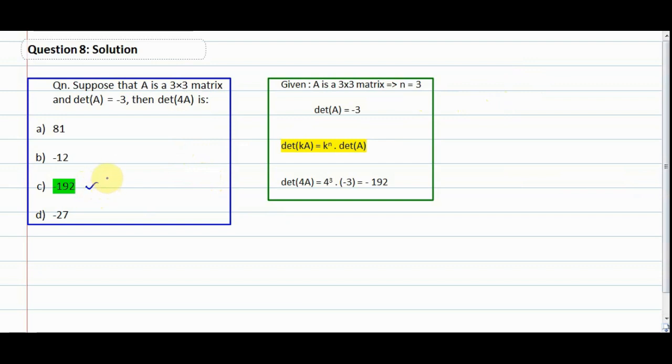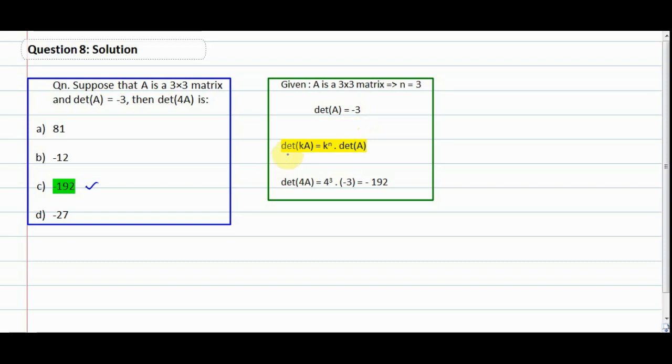Okay, so we have come across this problem in one of the previous lectures. So here the method to calculate determinant of 4A is like this. We are given that A is a 3 by 3 matrix. So order n is equal to 3, and determinant of A is given, it's equal to minus 3.